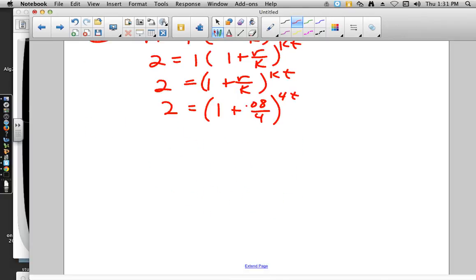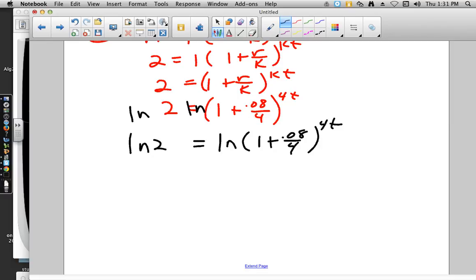Well, we need access to that t, and right now it's an exponent. So what we will have to do is take the natural log of both sides. Natural log of 2 equals the natural log of (1 plus 0.08 over 4) to the 4t. Now we can go ahead and bring that 4t out in front.